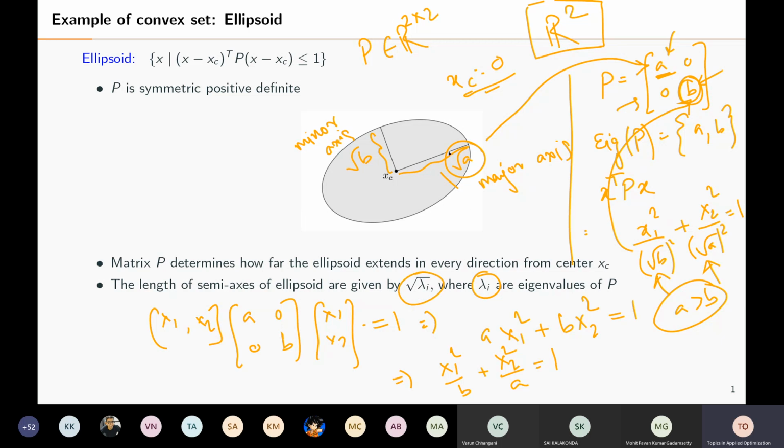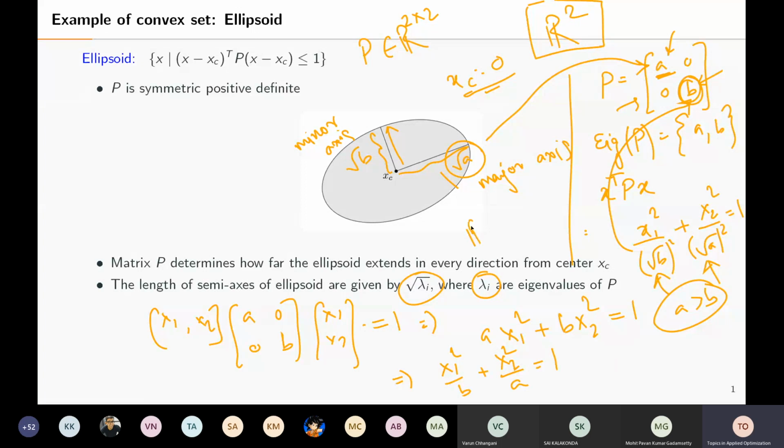So how much you will stretch along the major axis will be determined by the square root of lambda max, and how much you will stretch in this direction will be the square root of lambda min.